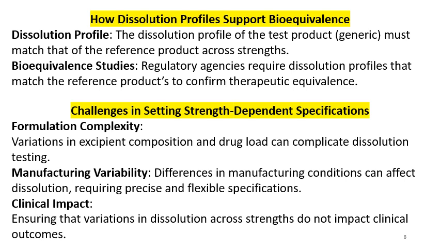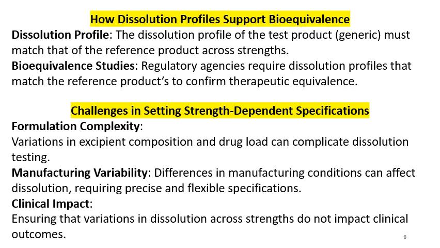For example, a 100 mg tablet, where 100 mg is the strength and the tablet weight is, let's say, 200 mg. It has another strength, 50 mg, with a tablet weight of 100 mg. So the tablet weight is proportional, and it will have great impact on the dissolution profile, release rate, or percent dissolved at a particular time point.